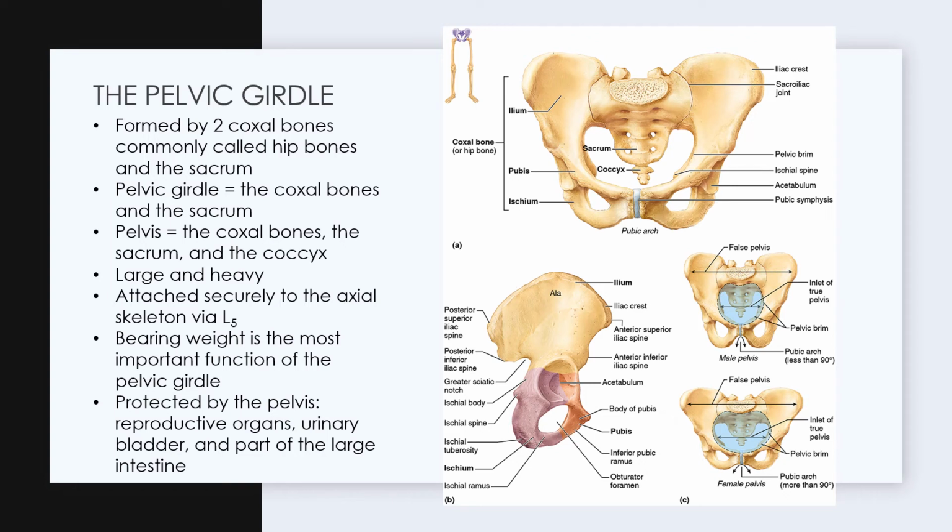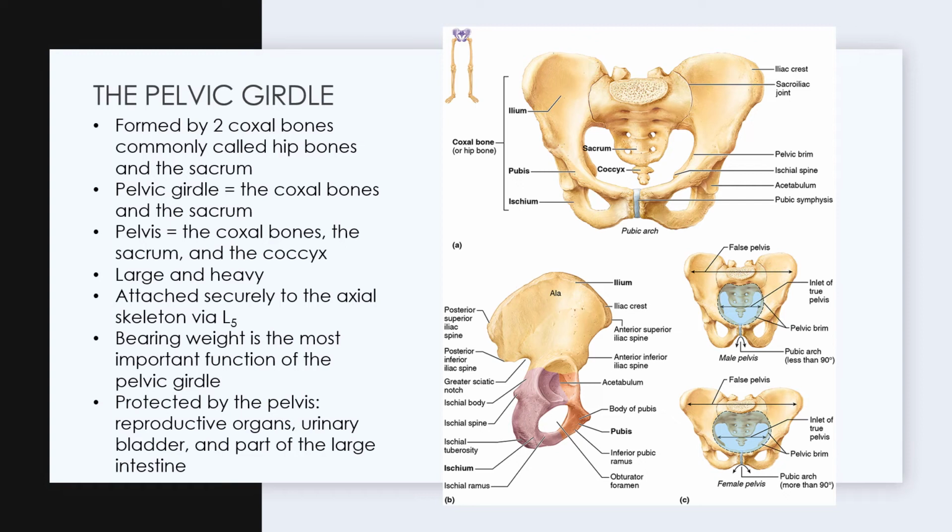The pubis is the most anterior and inferior part of the coxal bone. It's pretty low down there. The fusion of the rami of the pubis anteriorly and the ischium posteriorly forms a bar of bone enclosing the obturator foramen. This opening allows blood vessels and nerves to pass into the anterior part of the thigh.